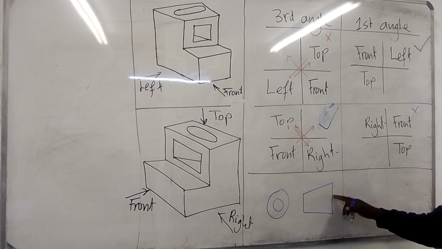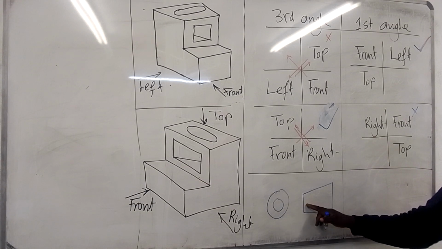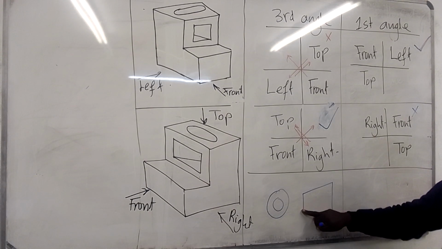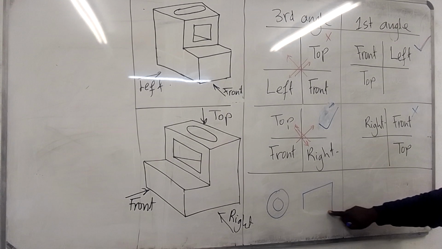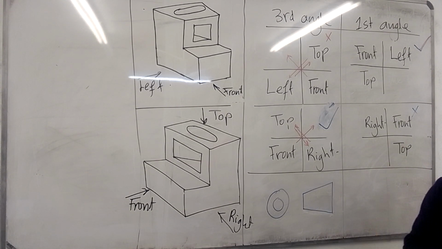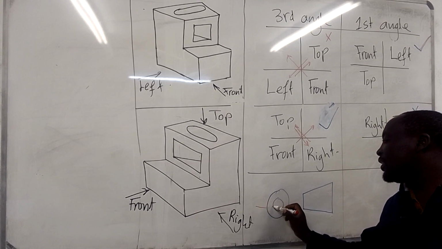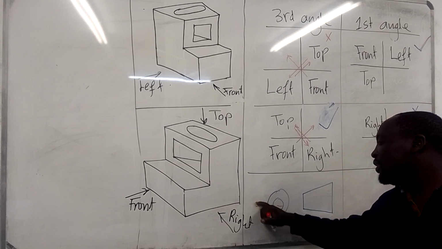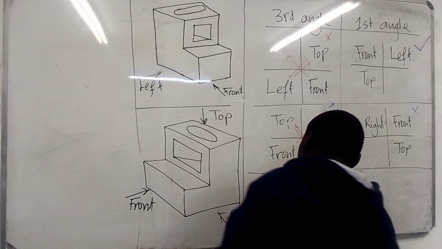This circle is for that and this small circle is for this one. You know my drawing is very beautiful, so it's very accurate.